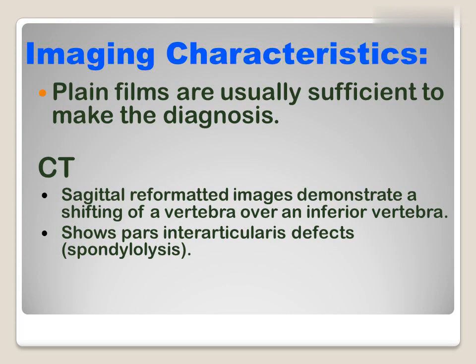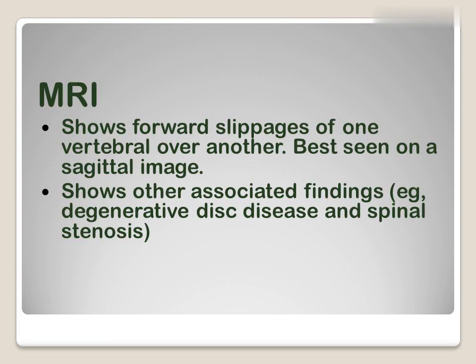CT: sagittal reformatted images demonstrate a shifting of a vertebra over an inferior vertebra. Shows pars interarticularis defects, spondylolysis. MRI: shows forward slippage of one vertebra over another, best seen on a sagittal image. Shows other associated findings, e.g., degenerative disc disease and spinal stenosis.